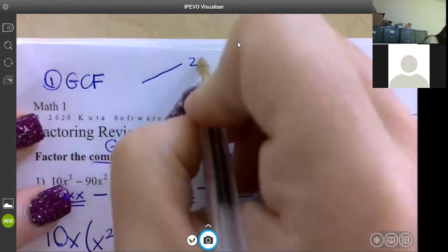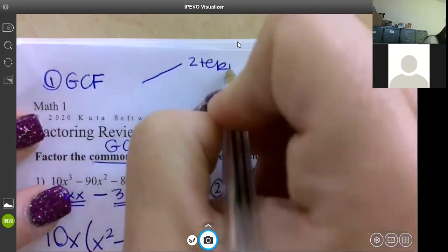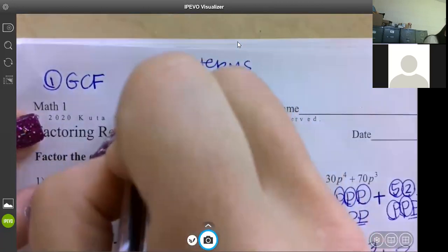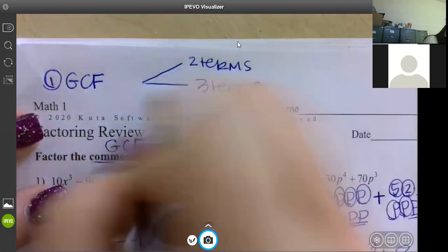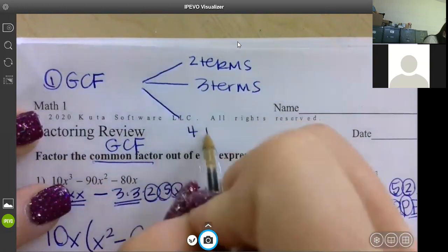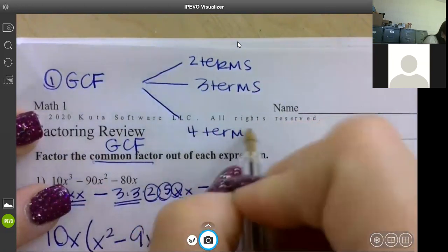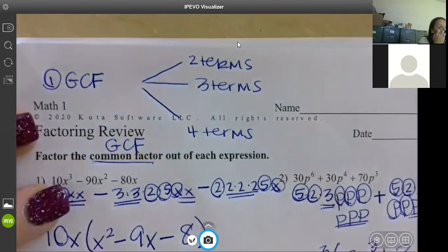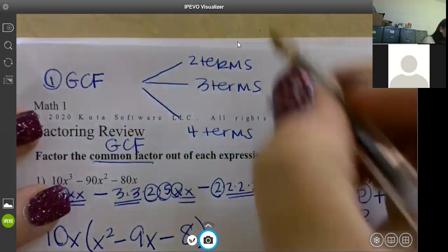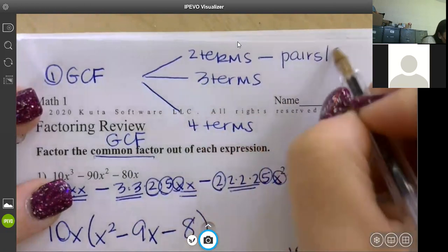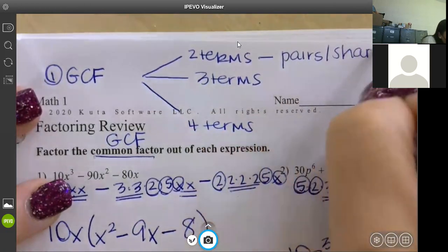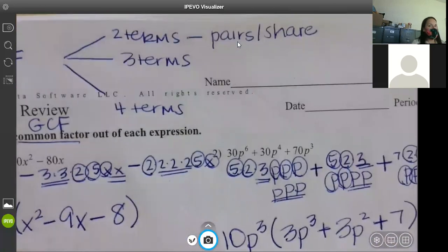And then we either have 2 terms, three terms, or 4 terms. Okay. 2 terms was when we did pairs and share.